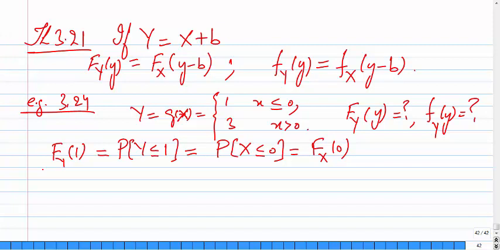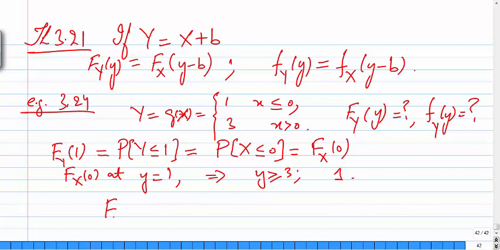Now if we look at the CDF, it is F X of 0 at Y equal to 1. Now CDF has a jump because there are only two values, either 1 or 3, so this implies that when Y is greater than or equal to 3, in that case this must be equal to 1.